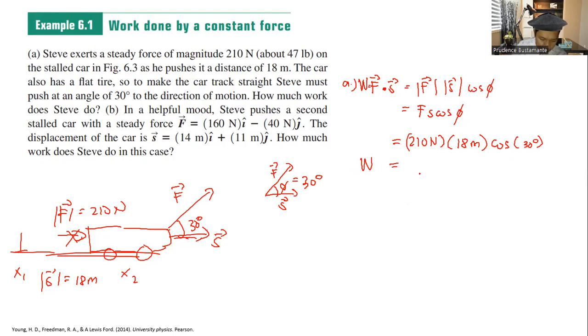So 210 times 18 cosine of 30 degrees gives about 3,273.6 Newton meter or joules.